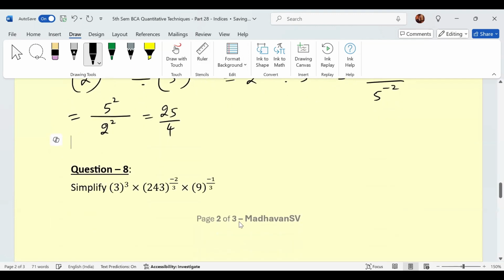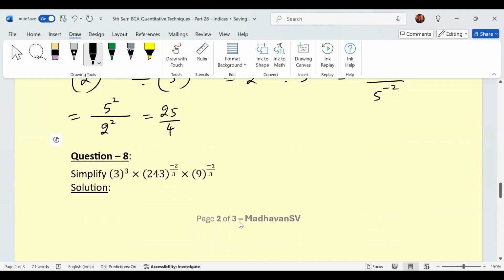Let us move on to the 8th question. 3 cube we will write as it is, 3 cube. 243 can be written as 3 power 5 to the power of minus 2 by 3. 9 can be written as 3 square to the power of minus 1 by 3. This is nothing but 3 cube.